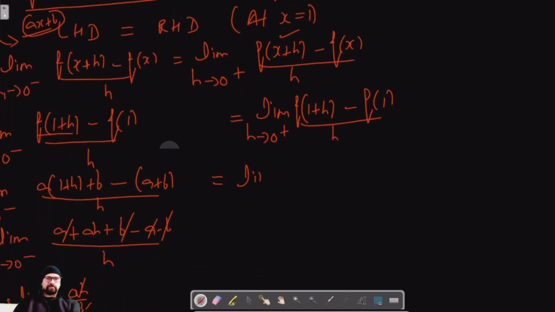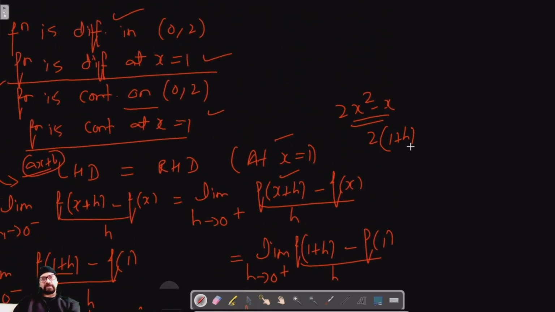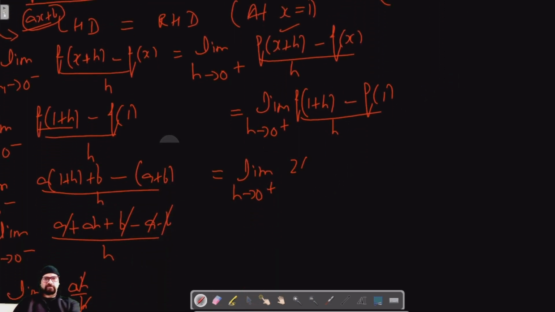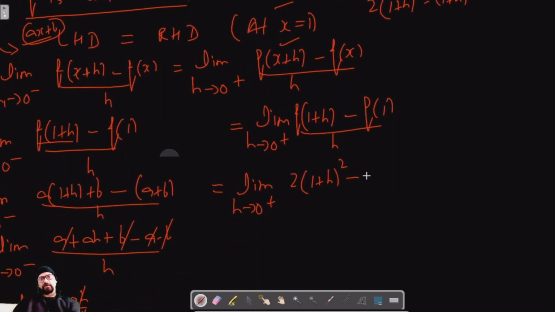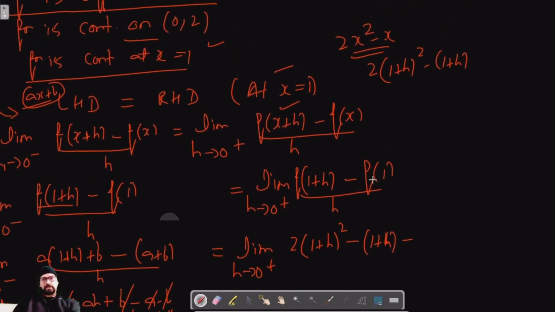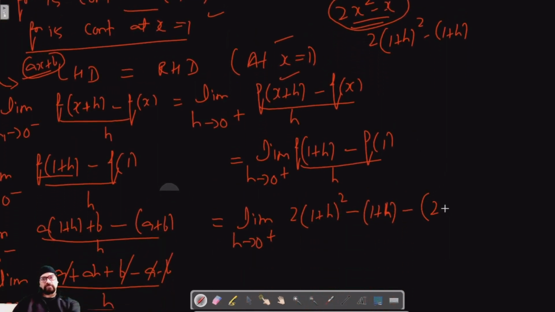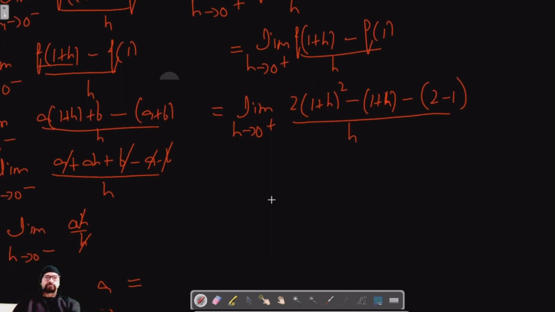Which is equal to limit h tends to 0 positive, 2 into 1 plus h the whole square minus 1 plus h, and the function's value at x is equal to 1 is 2 minus 1, upon h.